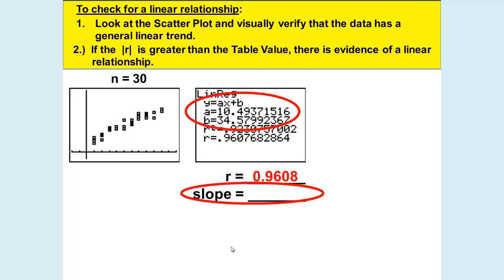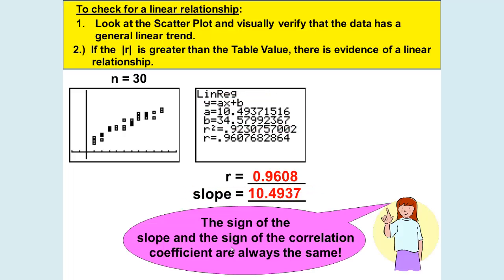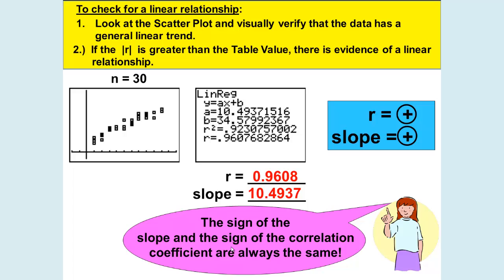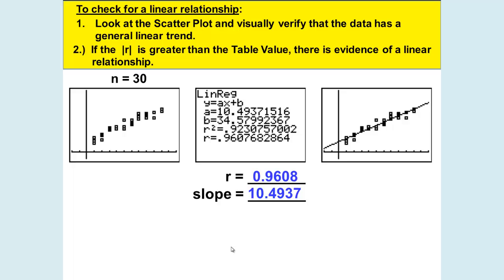What is our slope? 10.4937. The sign of the slope and the sign of the correlation coefficient are always the same. R is positive, so the slope will be positive. Here is a screenshot of our graph with our points, with our linear regression drawn through them.